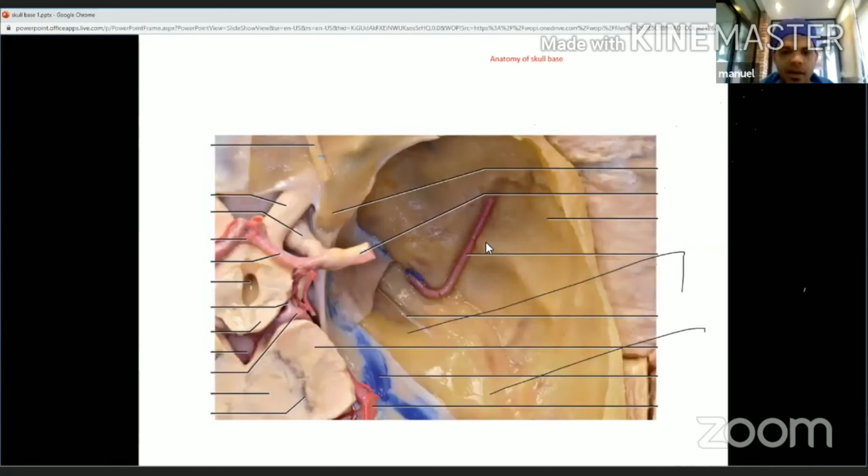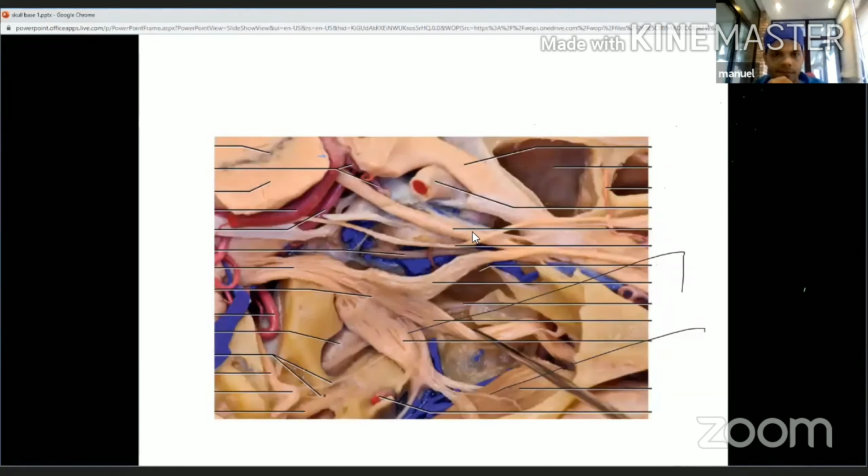Okay, we see the medial fossa again, the petrosal nerve. Okay, continue, John, please. Again, we see the full elements of the fossa. Remember, in that view, we drill the wall of the medial fossa.